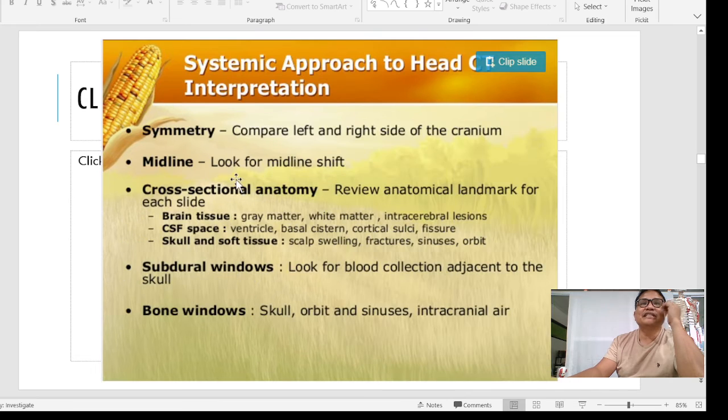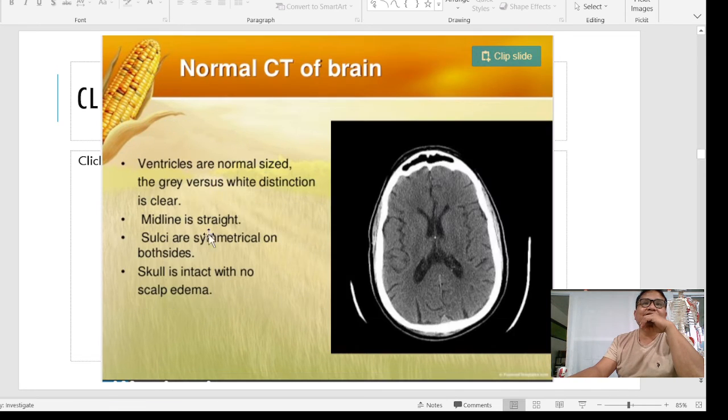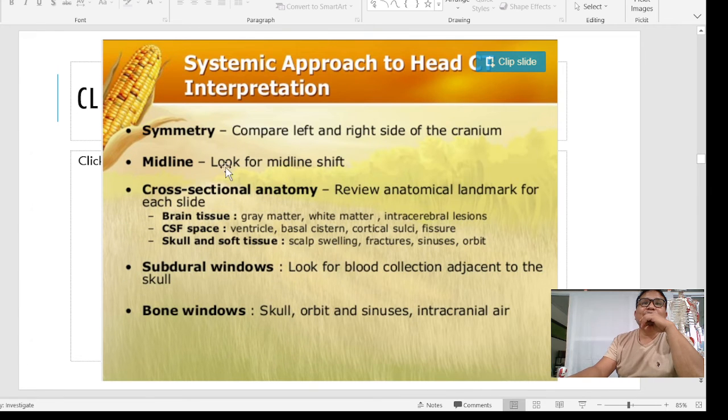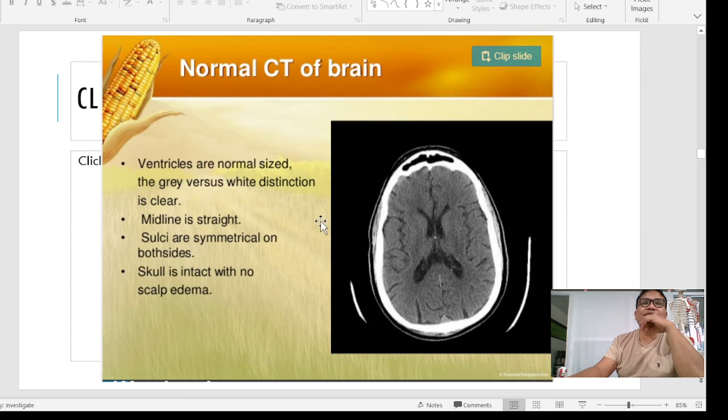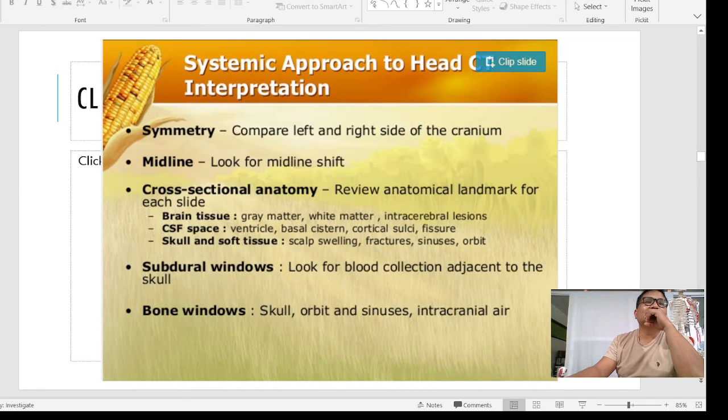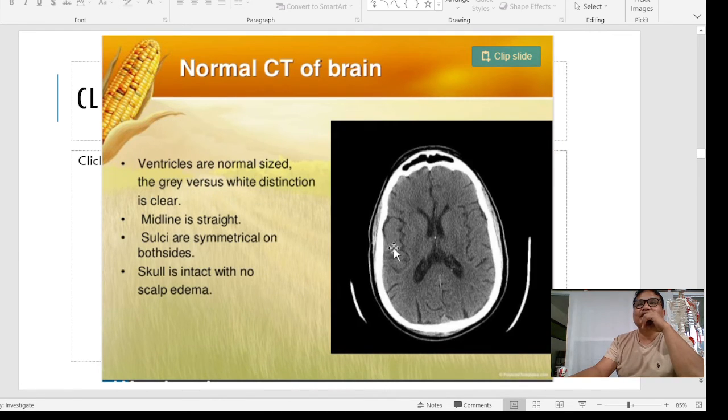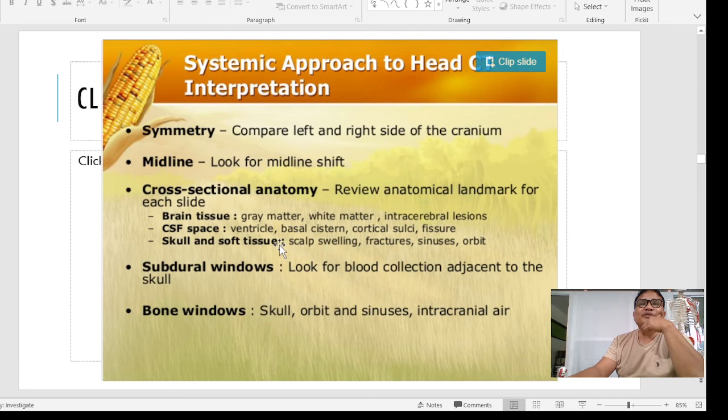We also assess the symmetry of left and right, and the midline, whether there is a midline shift. Then you have your brain tissue, gray matter and white matter. We can see the gray matter, and the white is here in the middle. Then the CSF: these are the ventricles, which produce CSF. Then you have your skull and soft tissue, to check for any swelling.